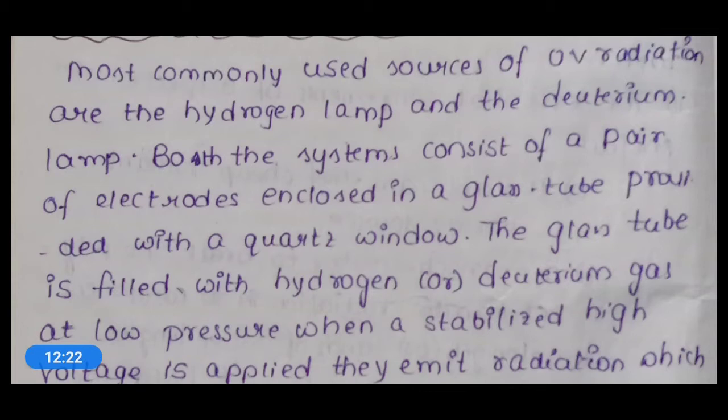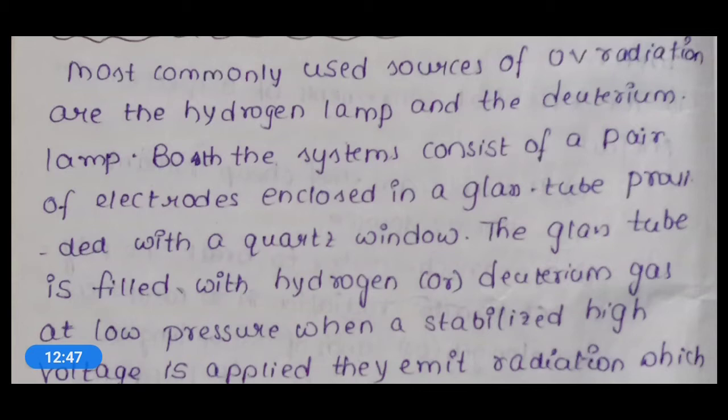So what is the difference between a normal lamp and this hydrogen lamp? Nothing but the presence of hydrogen gas inside the closed glass. Also in a deuterium lamp there will be deuterium gas present in the closed glass.